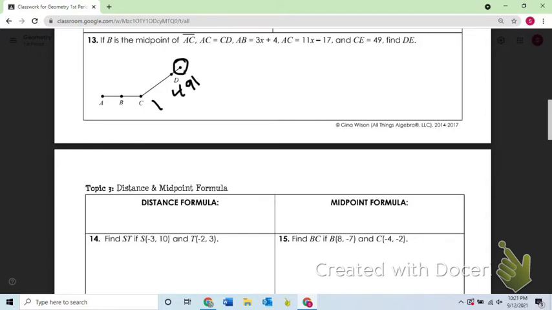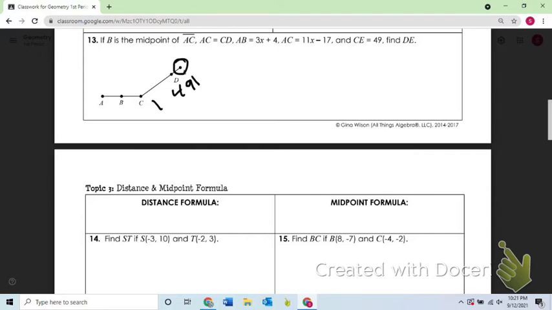We know that C to E is 49. If we can figure out the length of C to D, we can subtract it from 49, and that'll give us the length of D to E. How are we going to find the length of CD? We know that the length of CD is the same as the length of A to C. Do we know anything more about A to C?